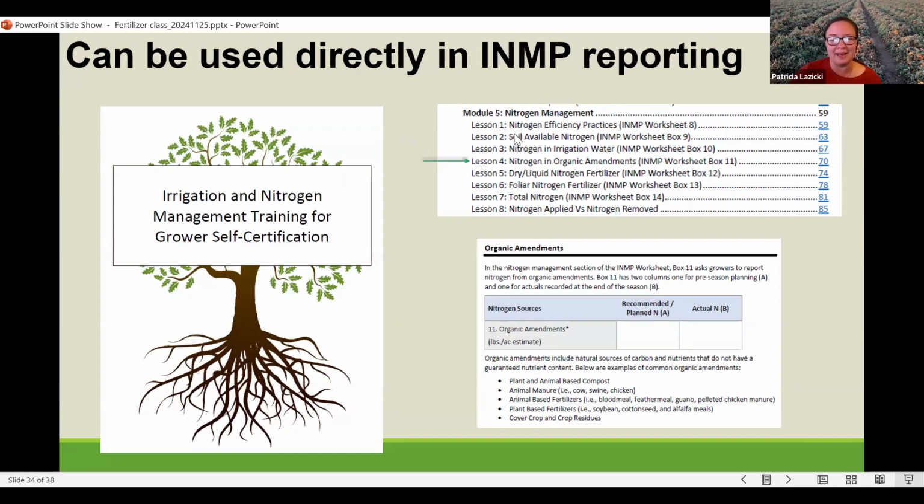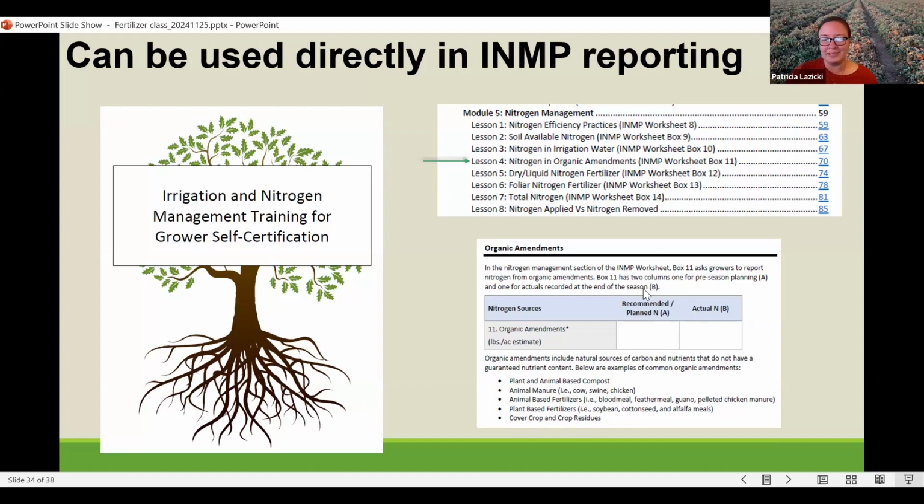these are a couple of snapshots just from the CDFA's manual for grower self-certification. And there is a training section on estimating nitrogen from organic amendments. So this box is a very complicated box to fill in because it includes compost, fertilizer, cover crops, which Margaret's about to go over.